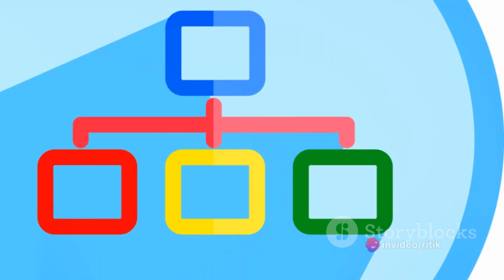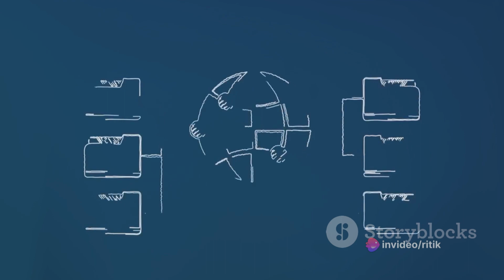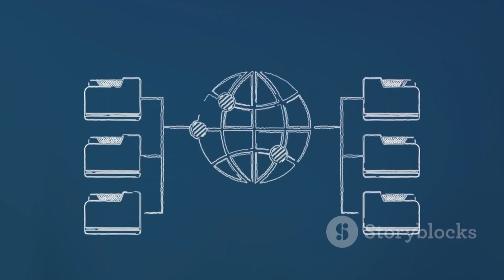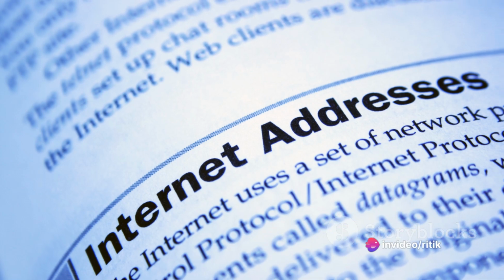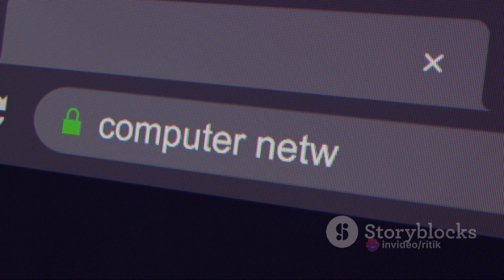One of the most crucial aspects of these networks is the protocols, sets of rules and standards that dictate how data is transmitted over a network. Protocols like TCP/IP, HTTP, and FTP are the unsung heroes that keep our online interactions smooth and seamless. We also touched on the unique numerical identifier assigned to every device on a network, the IP address.